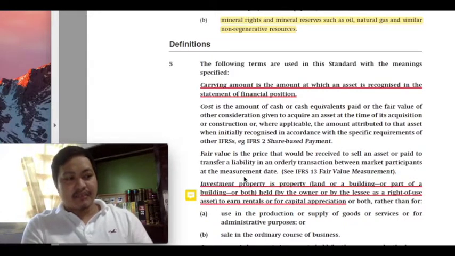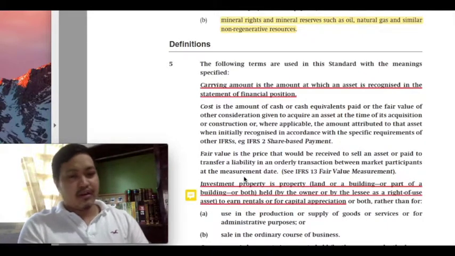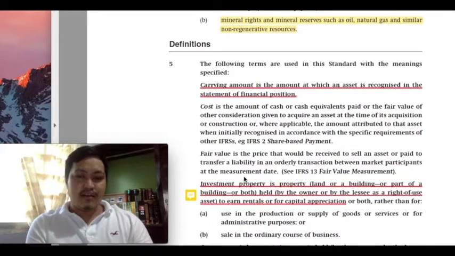So it's possible for an item that is held for rental to be classified as PPE. But here in PAS 40 we are saying that if it is held for rental or held for capital appreciation or both, then that asset would be classified as an investment property.